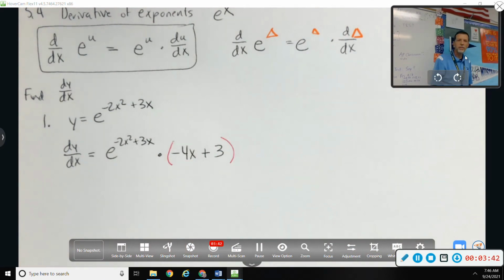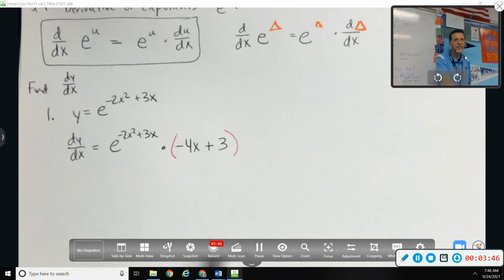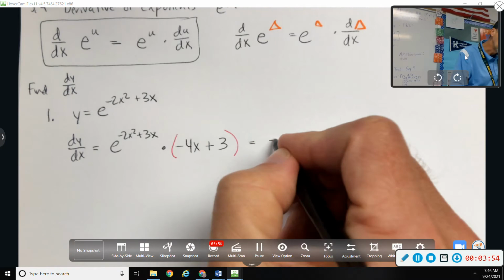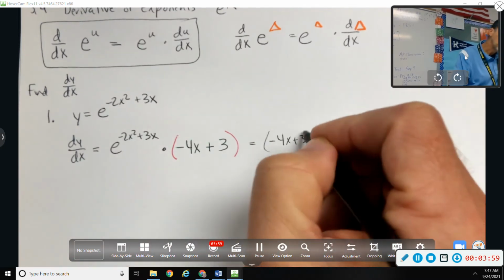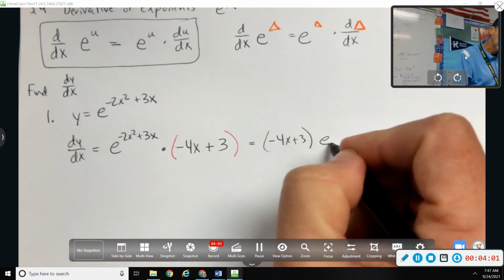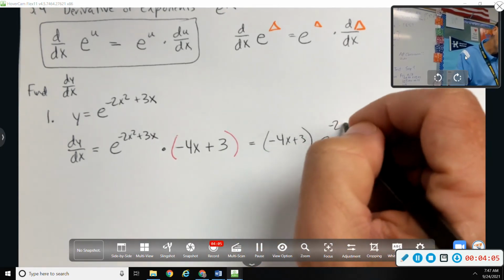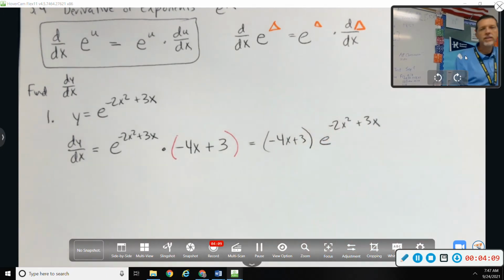There was a problem kind of like that earlier on a test, and a few of you didn't put parentheses, and you were mad because you lost the point, but it wasn't accurate without the parentheses. That's how it shows up when we do the chain rule, but when we rewrite it, we usually put that at the front, but put it in parentheses to make sure all of that is multiplied to e to the negative 2x squared plus 3x.